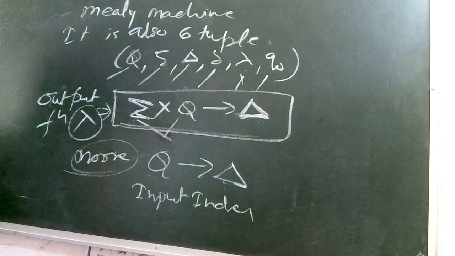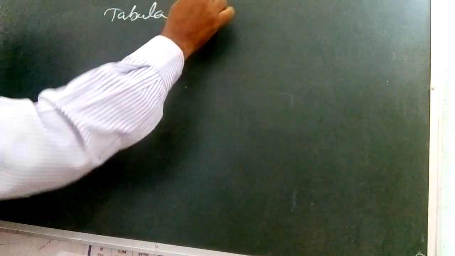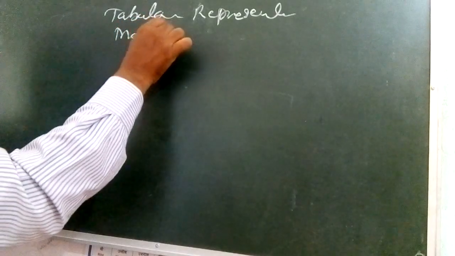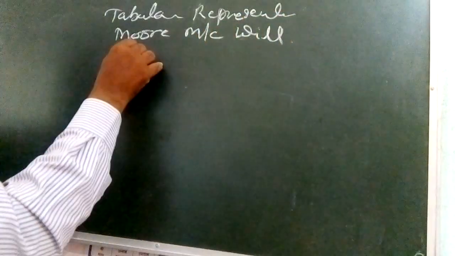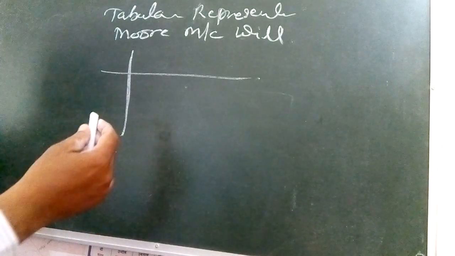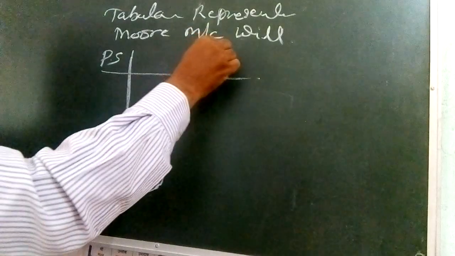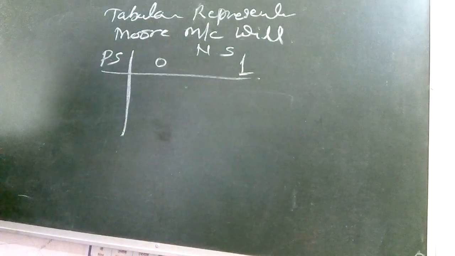In tabular representation, the Mealy machine will look like this: present state, machine's next state, input 0 and 1.